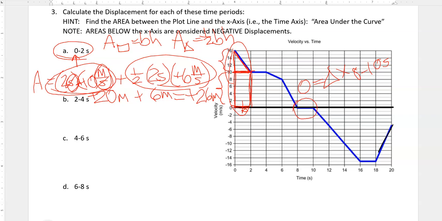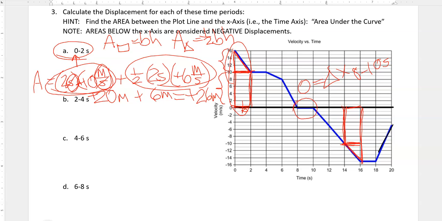But you also have other areas where you have to be careful about adding up shapes. For instance, if you were just asked for 14 to 16 seconds, it's not one of the ranges given here, but you can see that's also a triangle plus a rectangle, and both of these are negative values. So let's scroll down and pick another region.